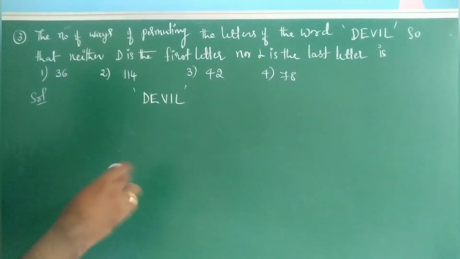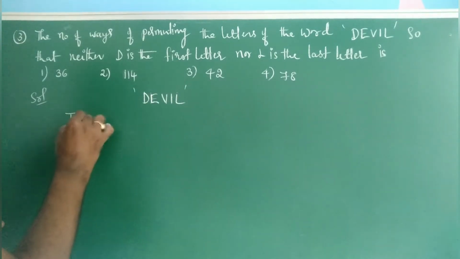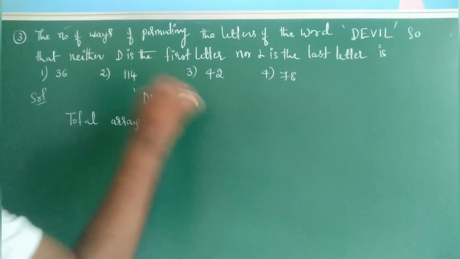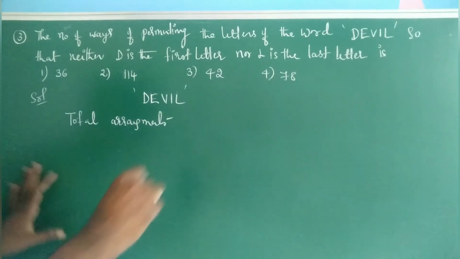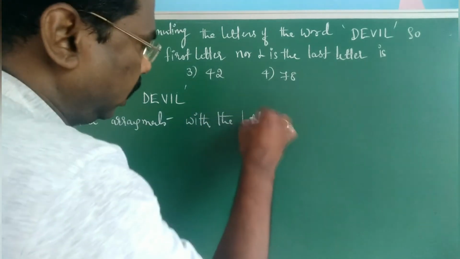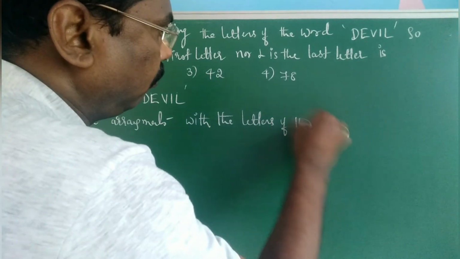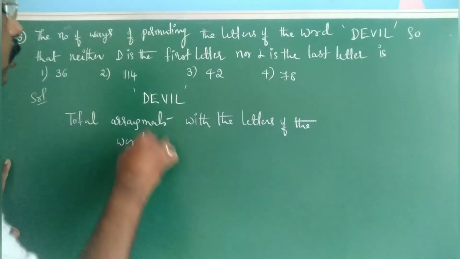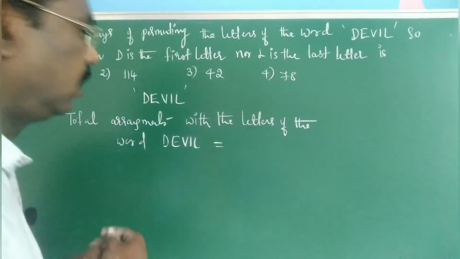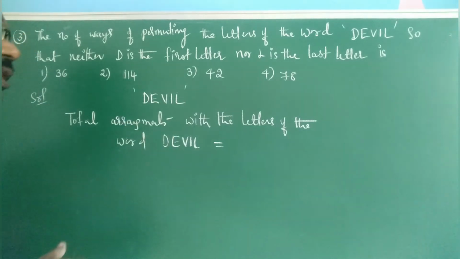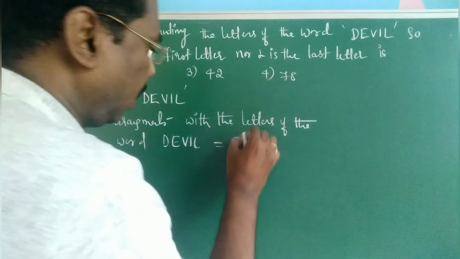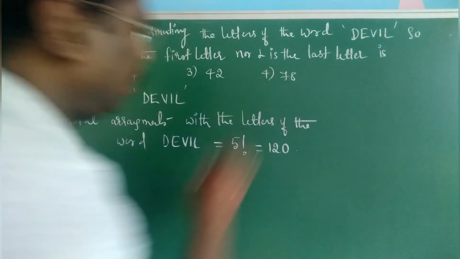First, the total arrangements with the letters of the word DEVIL. Here total 5 letters can be arranged in 5 places. 5P5 is equal to 5 factorial ways is equal to 120 ways.